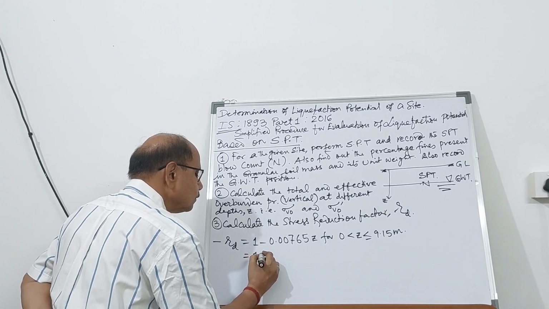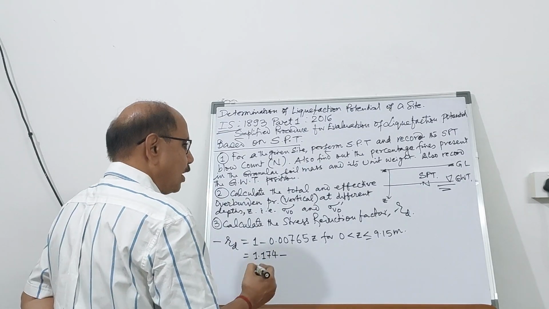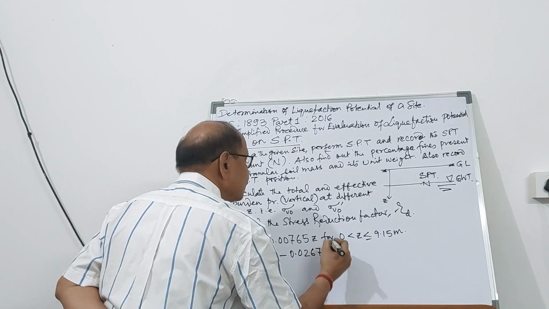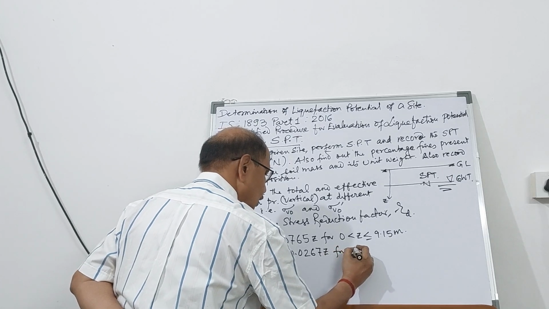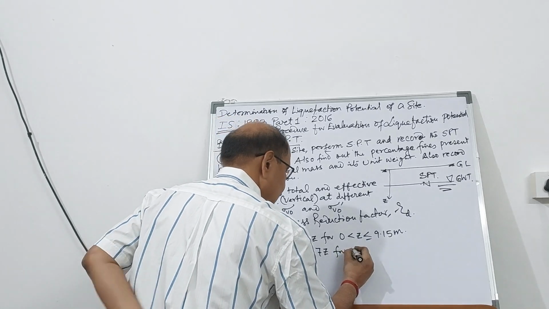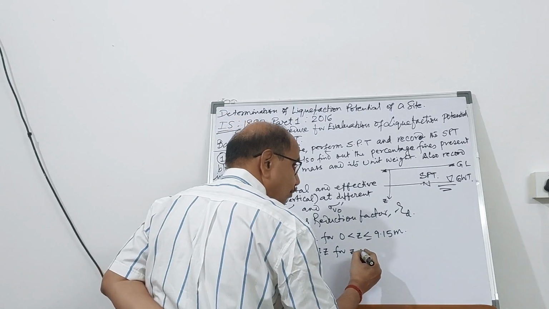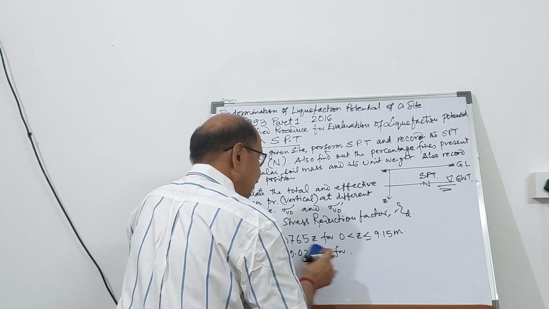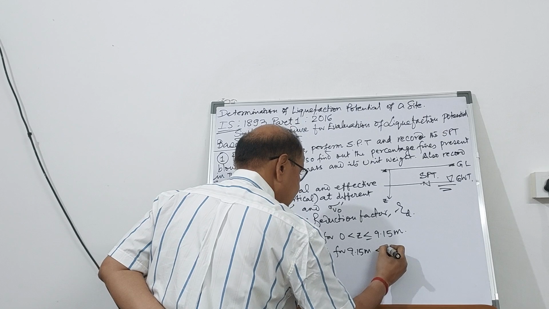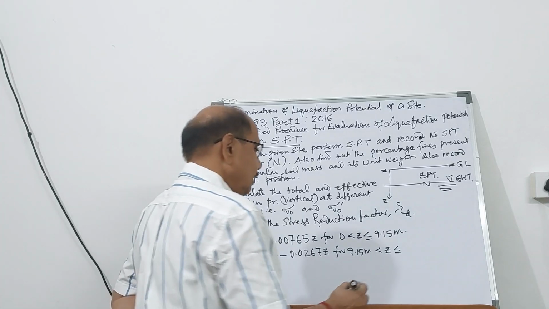Or this is equal to 1.174 minus 0.0267 Z for Z between 9.15 meter and 23 meter, that is, 9.15 meter less than Z less than or equal to 23 meter.